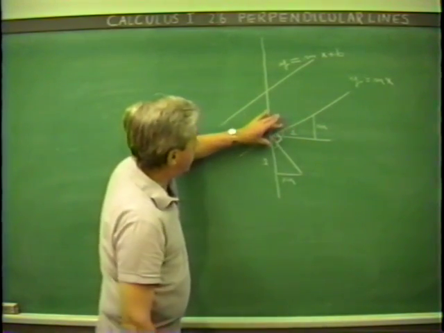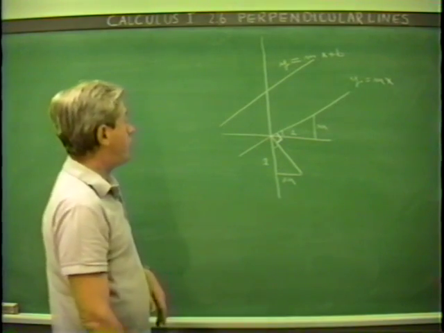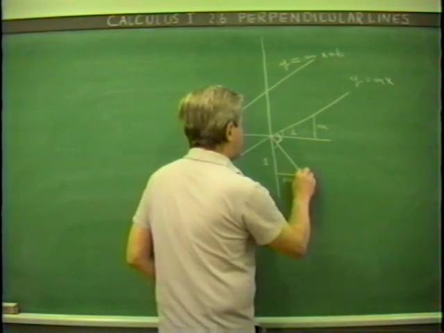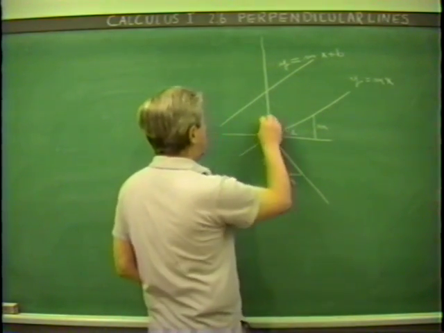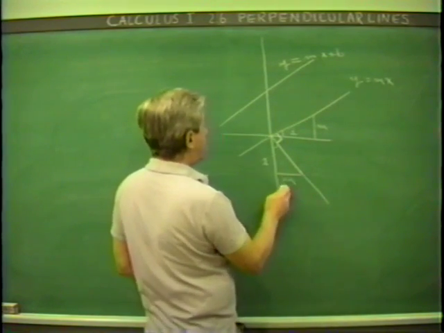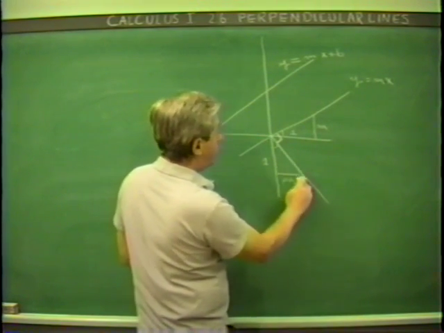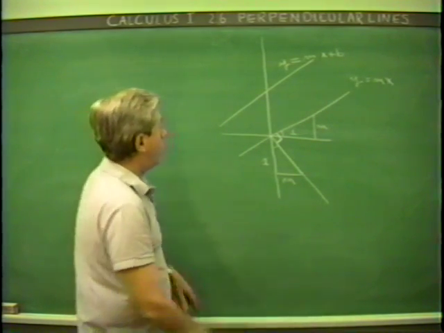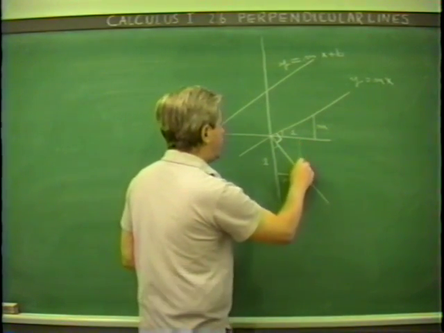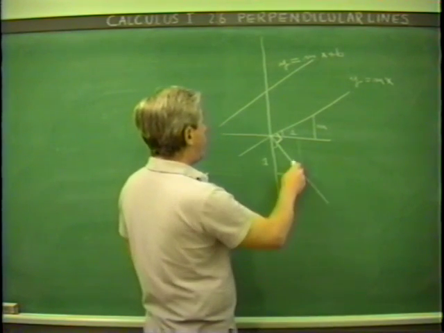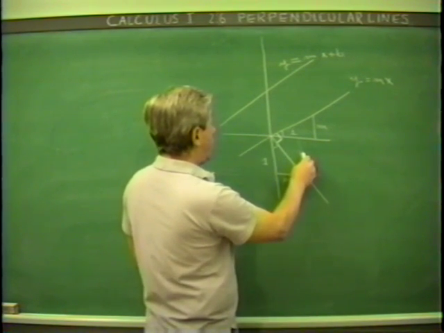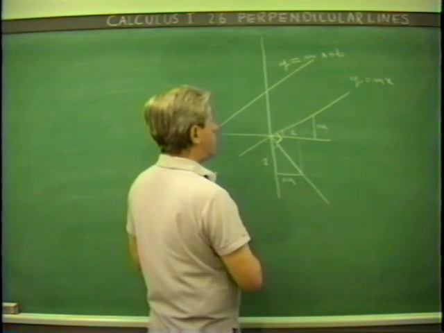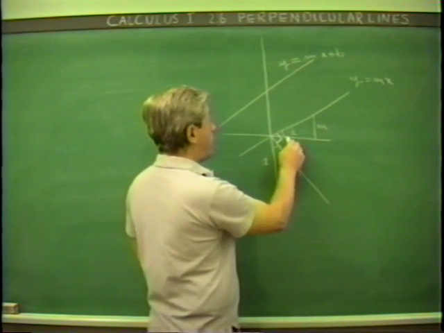It's this 90-degree angle turned. So the slope of a perpendicular line is going to be the slope of a line like so. And what is that? Well, if we complete the picture of this rectangle here, we find that 1 to m is the numerical value of this ratio.